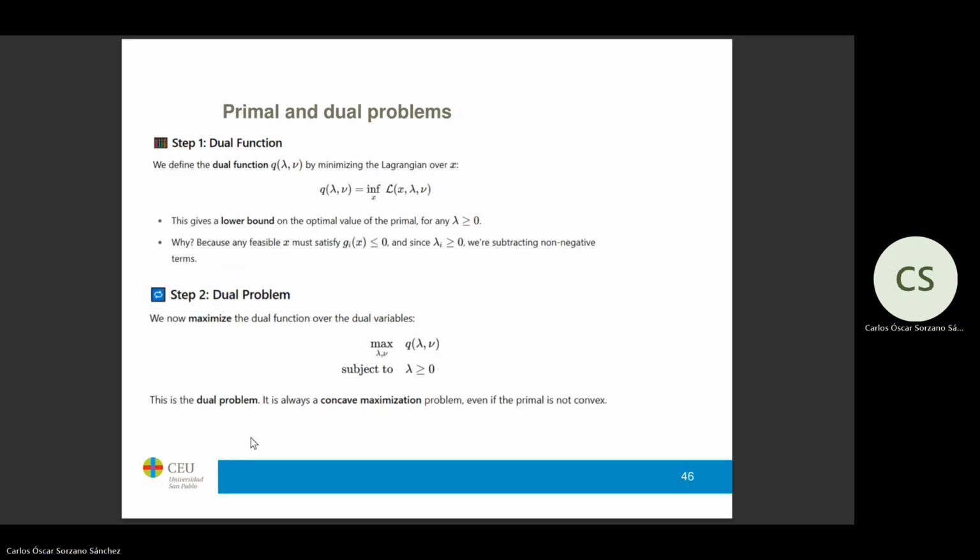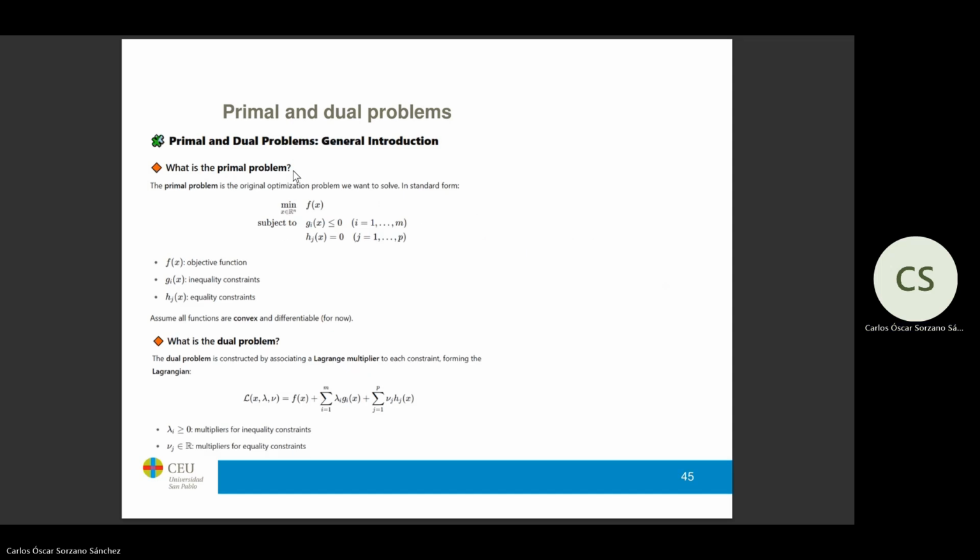So they have to be real numbers, but they are free to take positive or negative values. Very good. Then we construct the dual function. So the dual function is a function that depends only on lambda and v. So the Lagrangian depends on x, lambda, and v, but if you minimize over x, then you have removed the dependence on x. So it only depends on lambda and v. We will see an example, so it becomes more clear. So this dual function gives a lower bound on the optimal value of the primal.